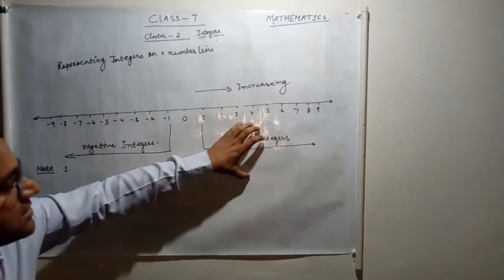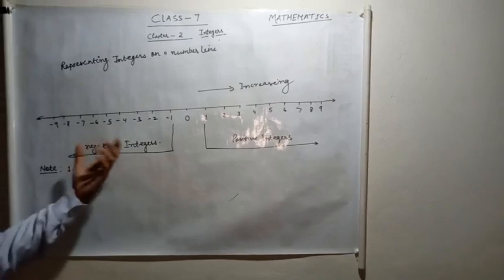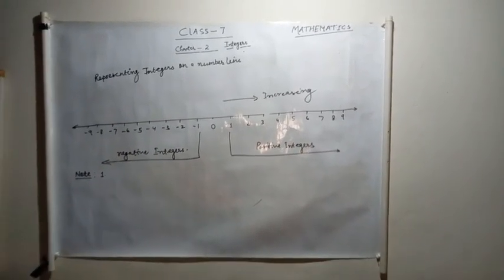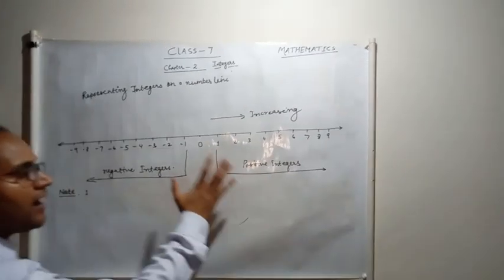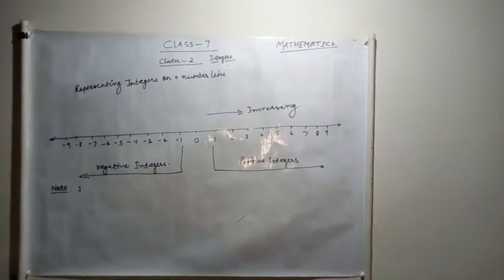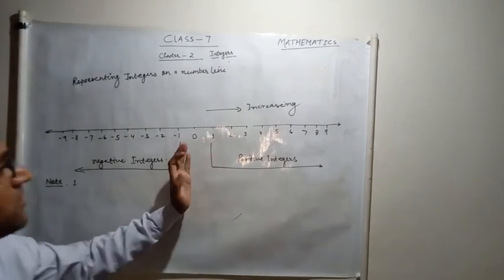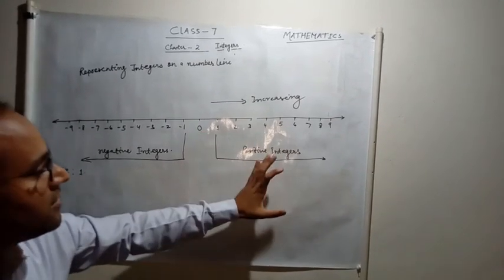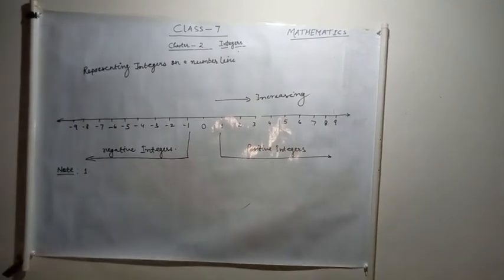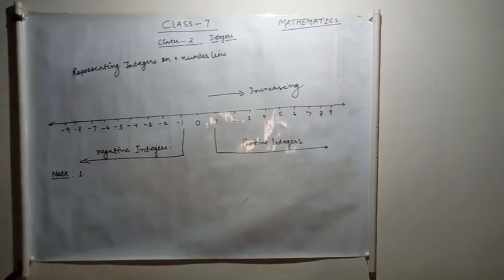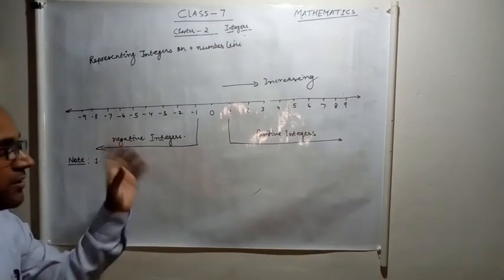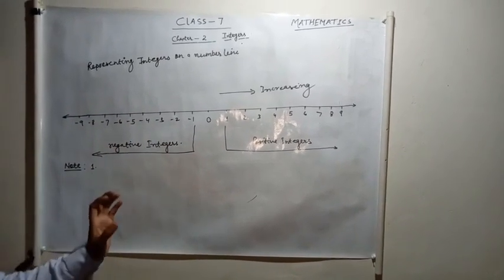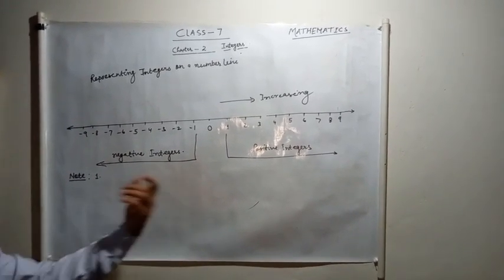Every positive integer is always greater than every negative integer. Each integer has one and only one successor, which lies to the right of the given number, and each integer has only one predecessor, which lies to the left of the given number.